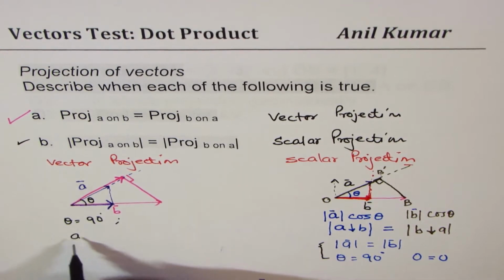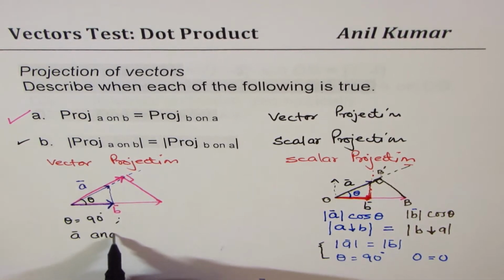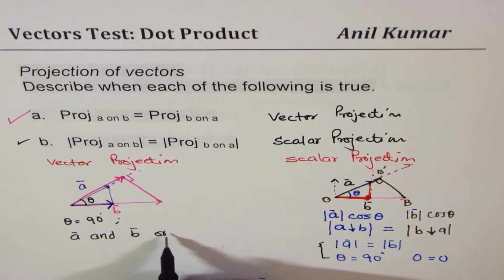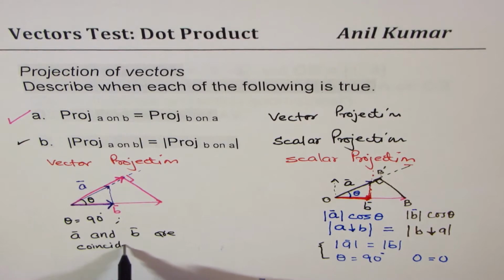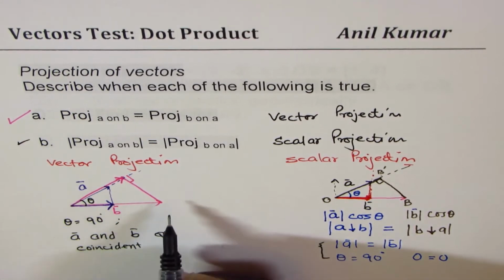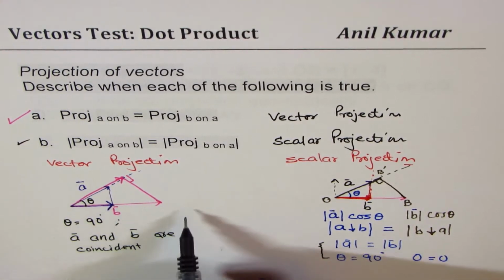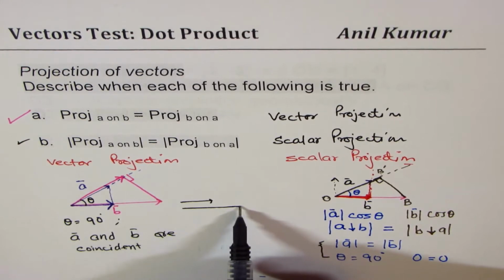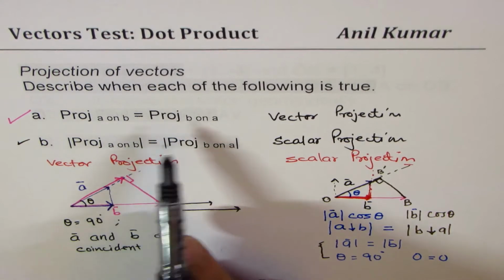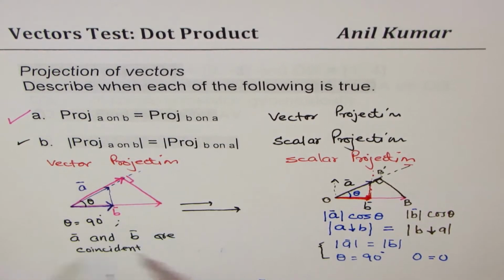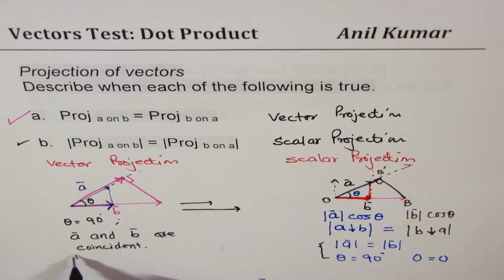So if A and B are coincident, coincident means they are in the same direction. That is to say, both A and B are in the same direction. In that case, vector projection of one on the other will be the same, right? So when A and B are coincident, that means in the same direction.